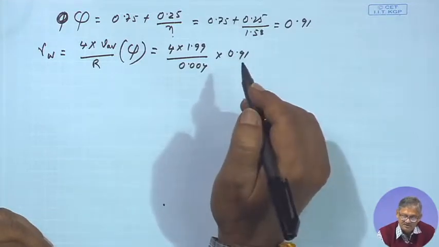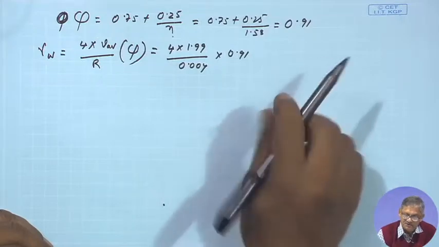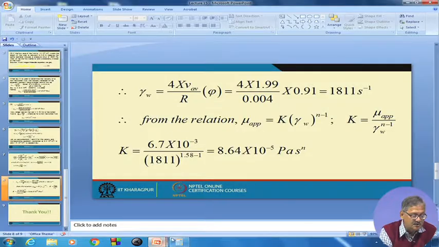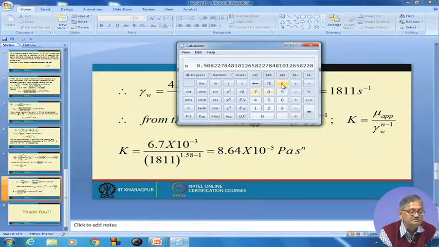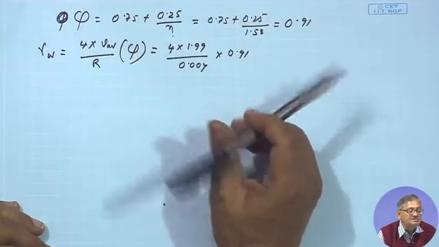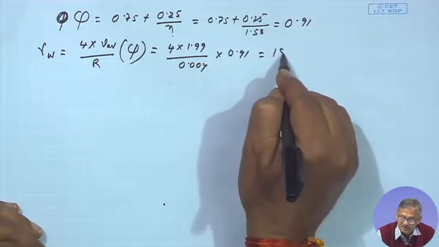So this comes equal to 4 times 1.99 divided by 0.004 into 0.91, which is 1810.9, that means roughly 1811, right.